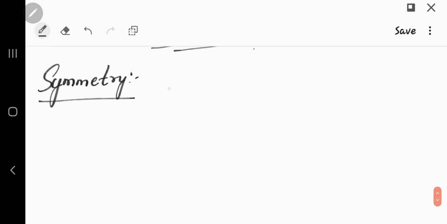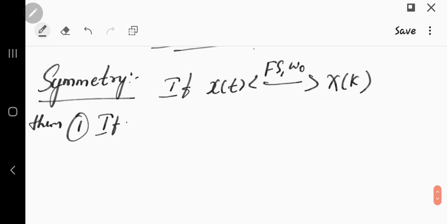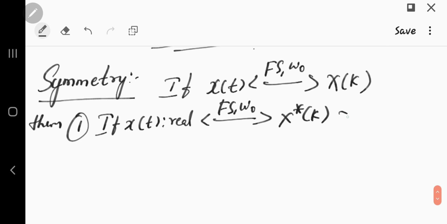The symmetry property says that if x of t gives you x of k, then the first part says if x of t is real, then the complex conjugate of this in the frequency domain will be x of minus k.